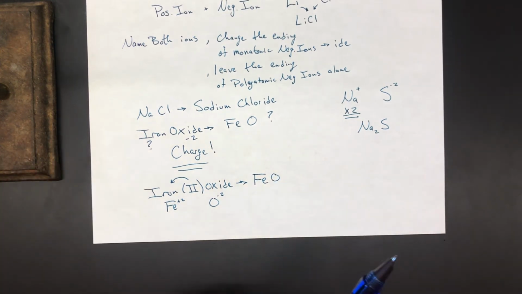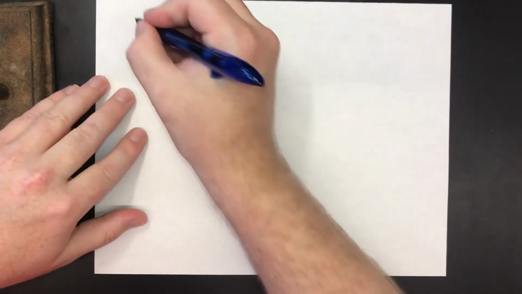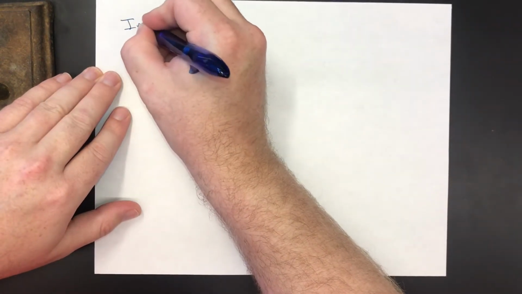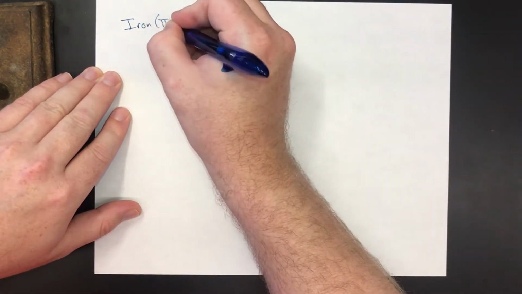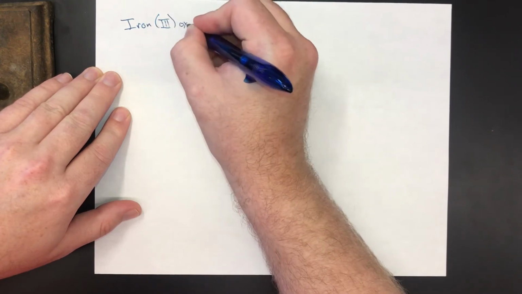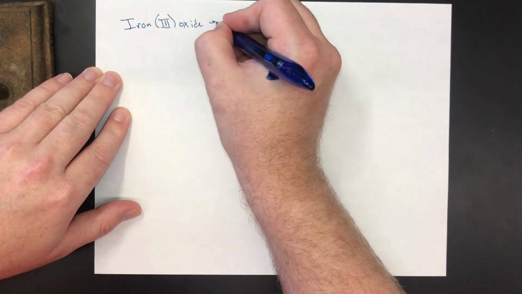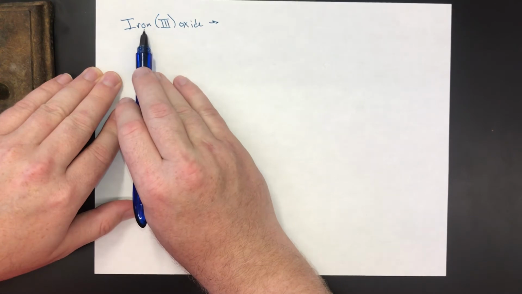Okay, so let's look at another type of iron oxide. If we had, for example, iron 3 oxide, again, that 3 is telling us the charge of iron.